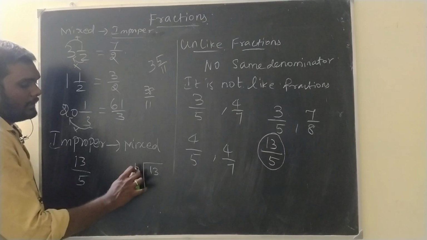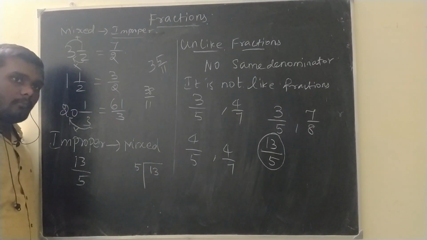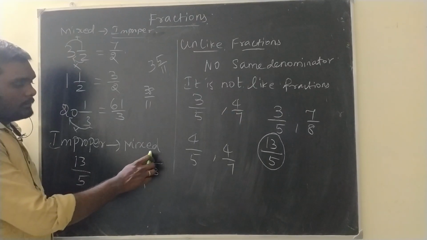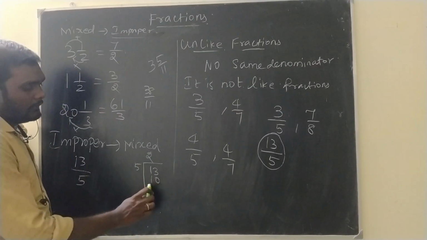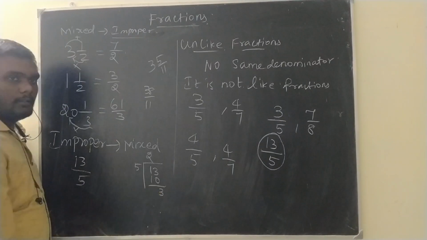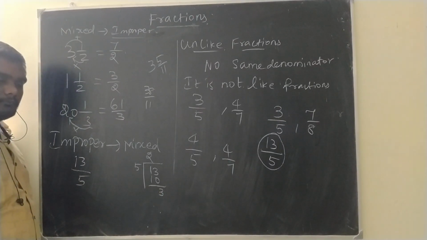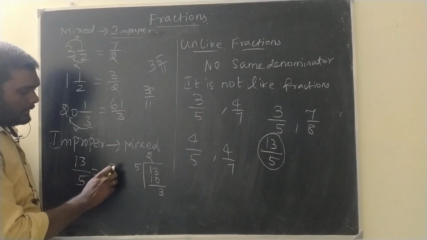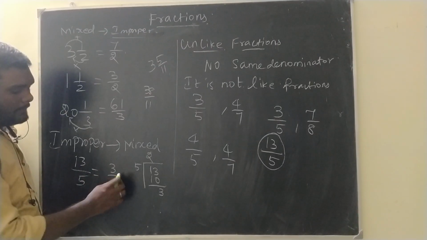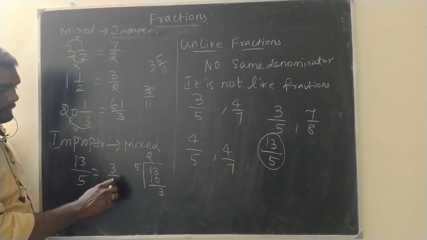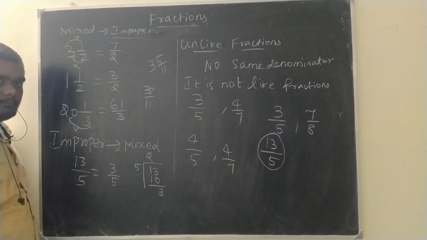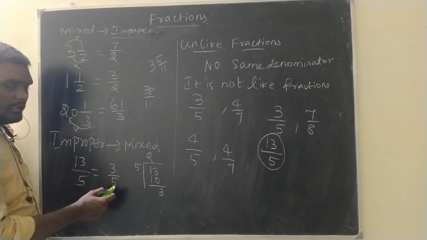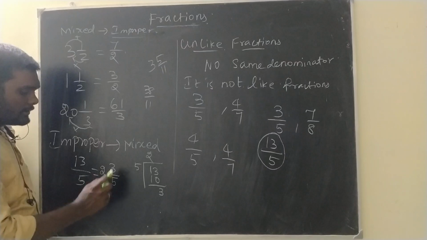This 13 has to be divided by 5. So when you divide 13 by 5, we will get what? 2 times 5 is 10. Then the remainder 3. Then our required fraction is the remainder by the denominator, and here our quotient will come.